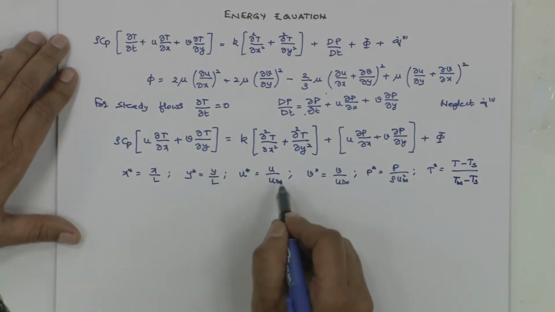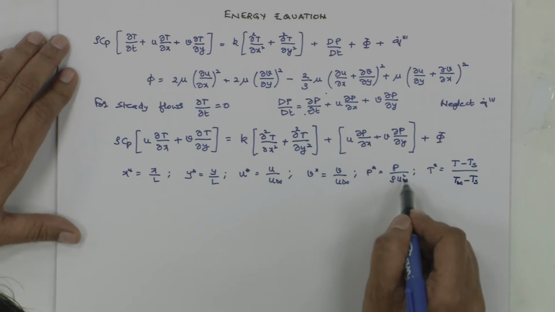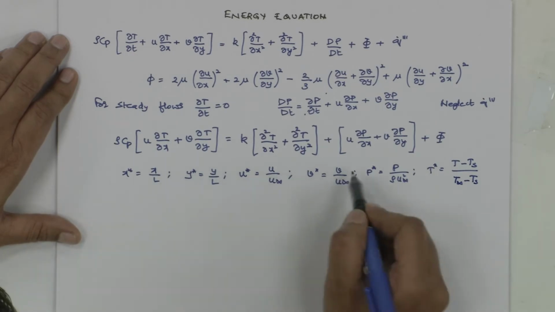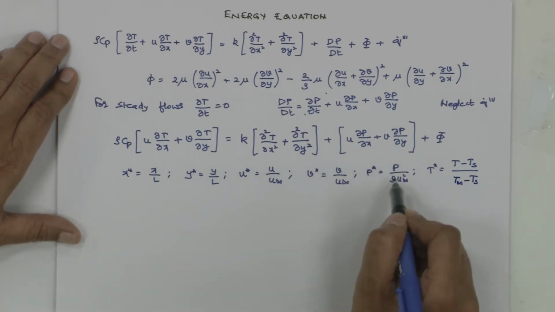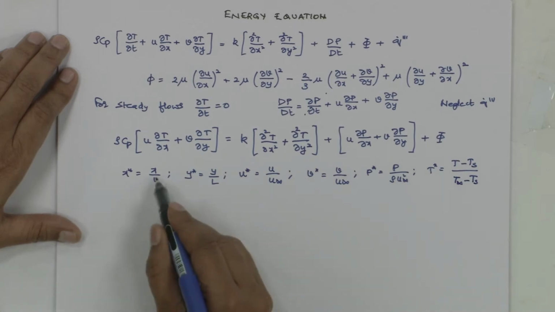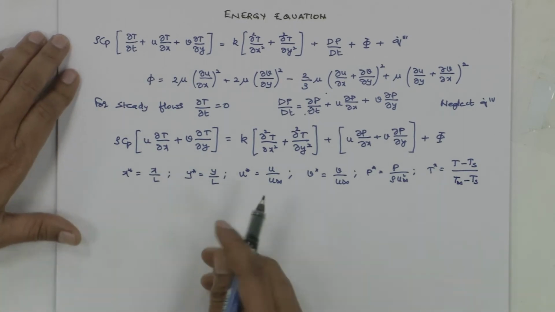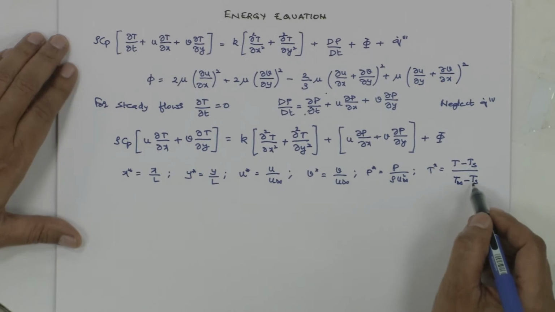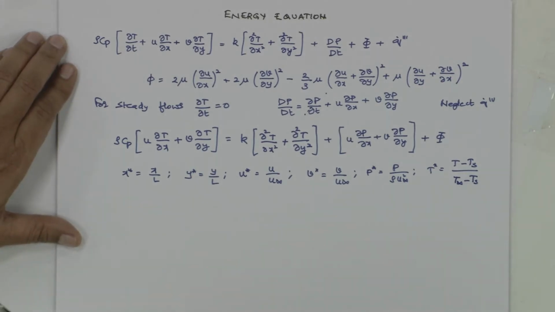So, again u infinity is the free stream velocity, P is the pressure, rho is the density. L is the characteristic length, same as what I had told, and Ts is the surface temperature, surface temperature of the plate or the pipe depending on the flow situation, whether it is internal or external.